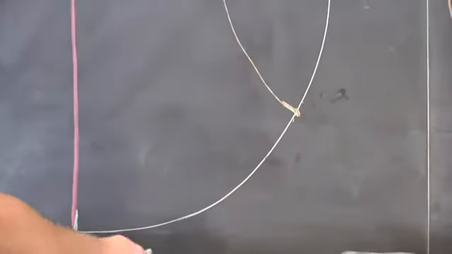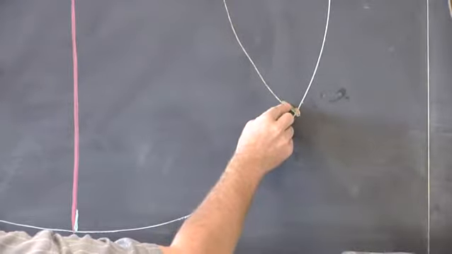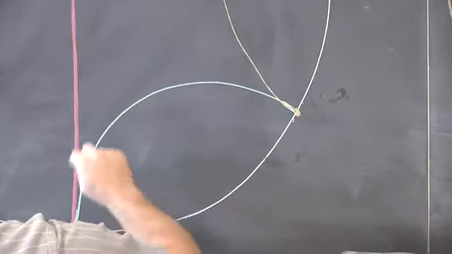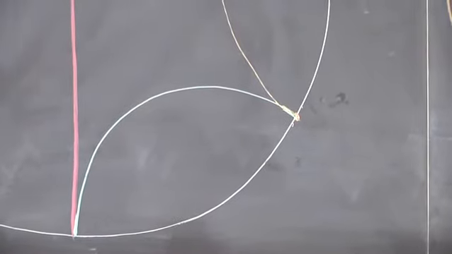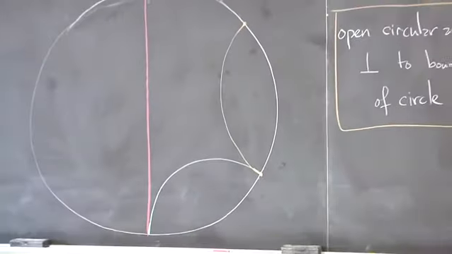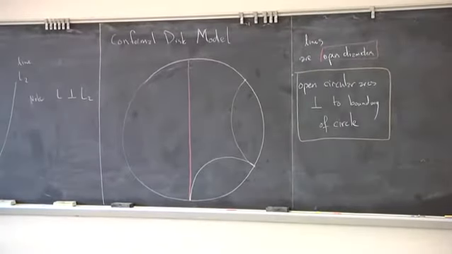See, once again, I think I'm a circle. Connect them. So we're getting a better view of how we actually can build these triangles whose vertices are at infinity. Okay? So we're just missing one more.